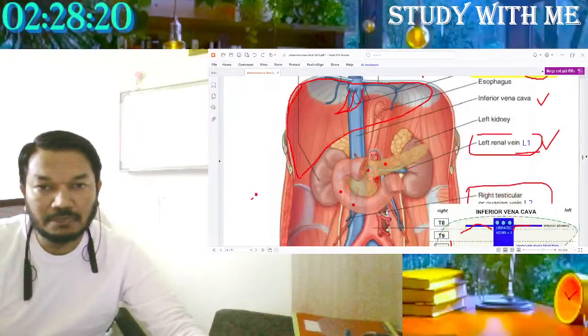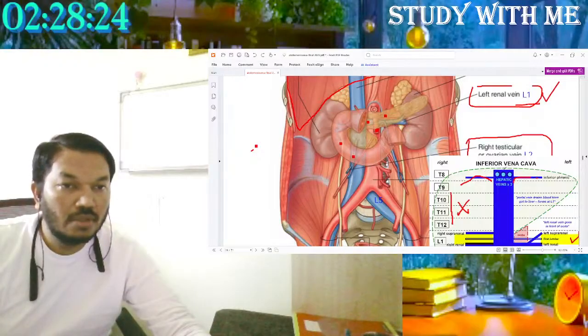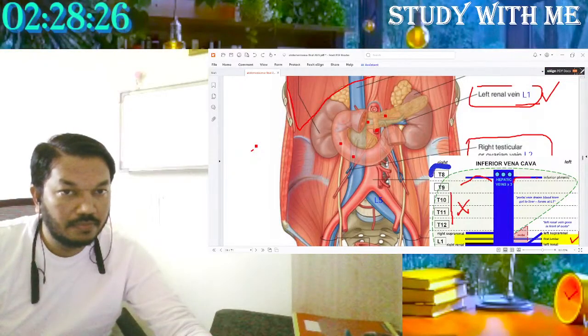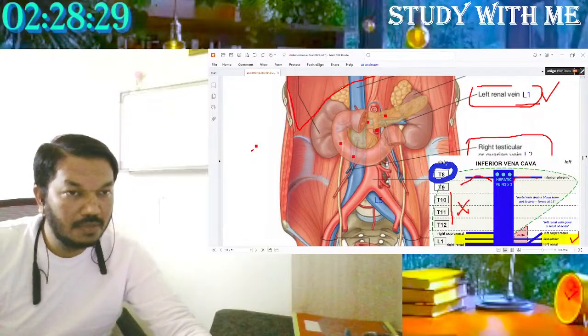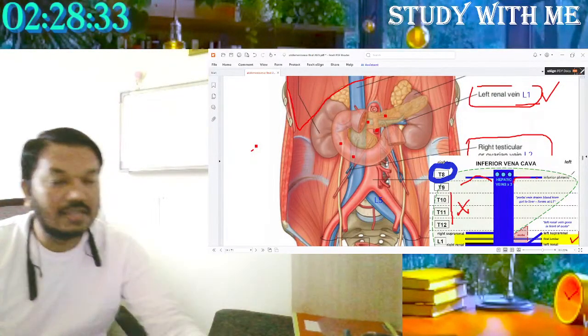Then inferior vena cava comes through the vena caval opening at the level of T8. After coming, it gives the branch inferior phrenic, like the artery.